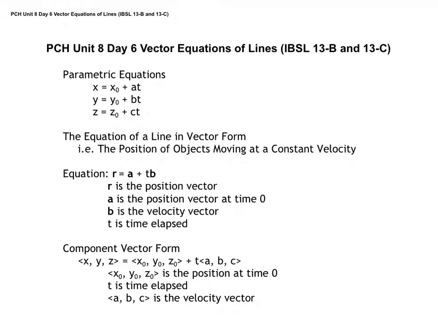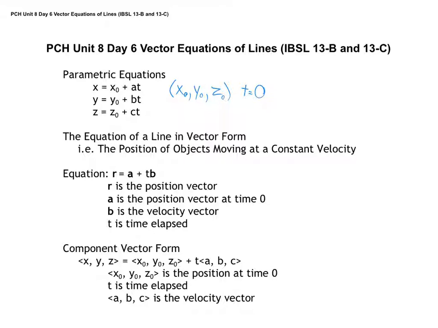So notice here, we would be given some point on the line, x0, y0, z0. The reason we put 0 here is because this is when the time equals 0. When you set up your equation like this, whatever point you use is the point you're at when the time is 0.